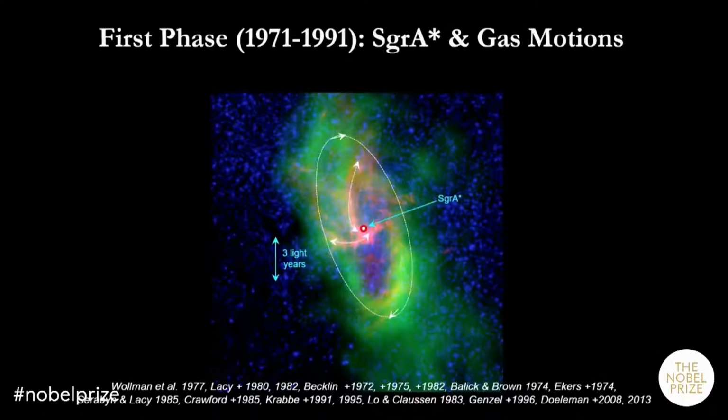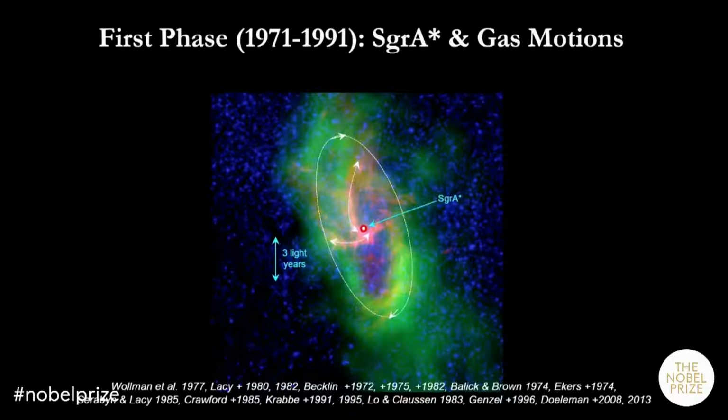Surrounding that radio emission, in green here, is gas, very dense neutral gas, as well as ionized gas, the so-called mini-spiral in ionized gas.